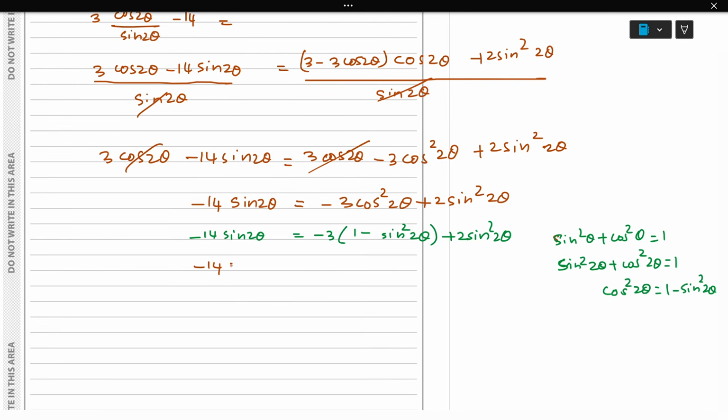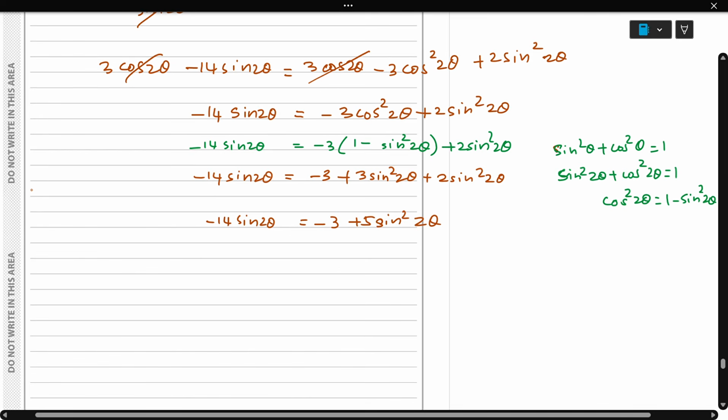Now, minus 14 sin 2θ equals the expansion: minus 3 plus 3 sin² 2θ plus 2 sin² 2θ, which is minus 14 sin 2θ equals minus 3 plus 5 sin² 2θ.